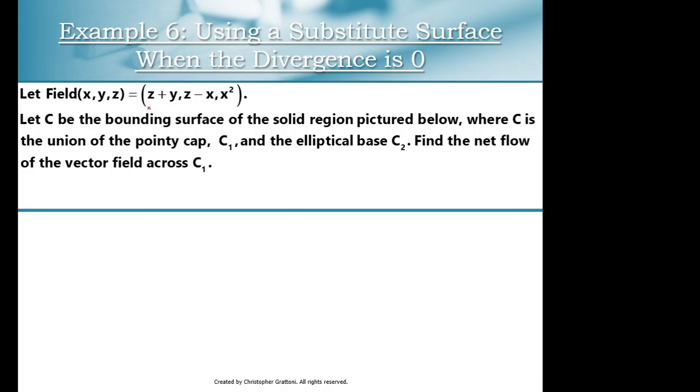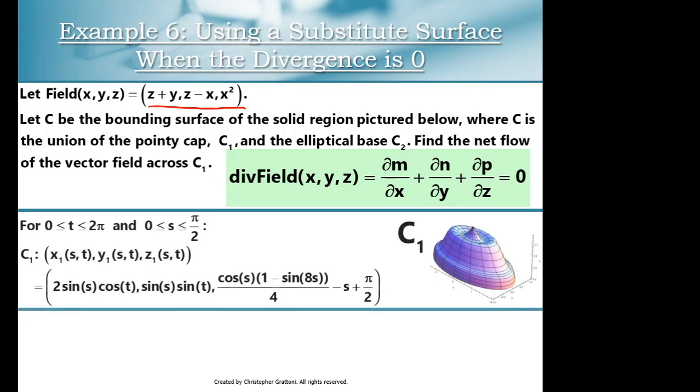So here's a vector field. This one's not so bad looking. Our vector field is z plus y, comma z minus x, comma x squared. And we've got some surface C that's the bounding surface of the solid region pictured below. I'm going to call C the union of this pointy cap C1 and its elliptical base C2.